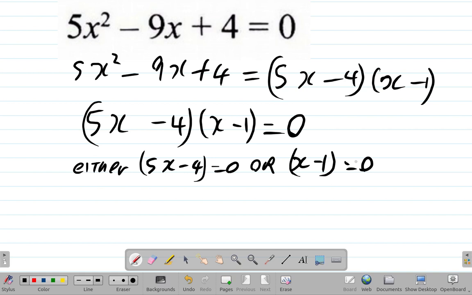The argument that we want to put forward is if two things multiply and the answer is 0, either one is 0 or the other one is 0, or maybe both of them are 0. What I want you to do is pause the video and use that argument and finish to find the solution, find x.